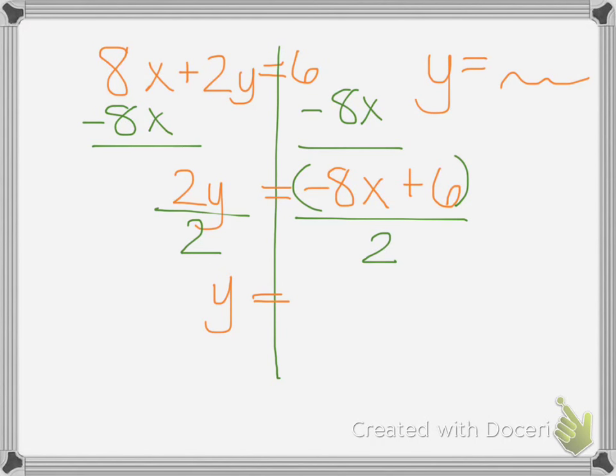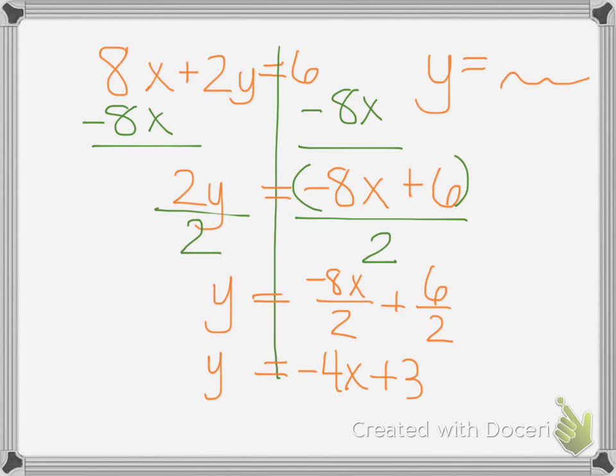I have negative 8x divided by 2 plus 6 divided by 2, because when I divide that side of the equation by 2, which is the same as multiplying by 1/2, every term there is going to get the division or the multiplication. So y is equal to negative 4x plus 3.